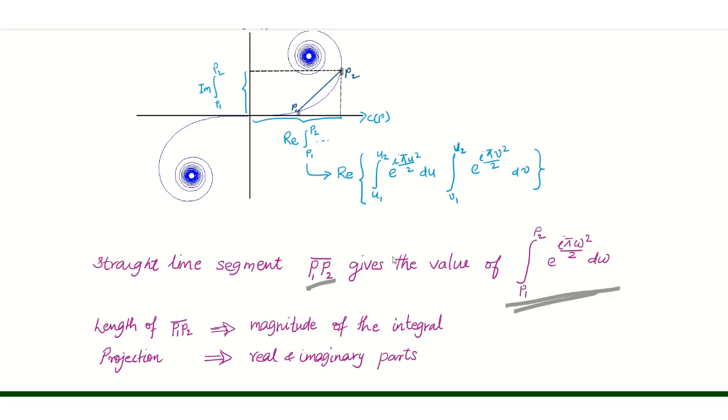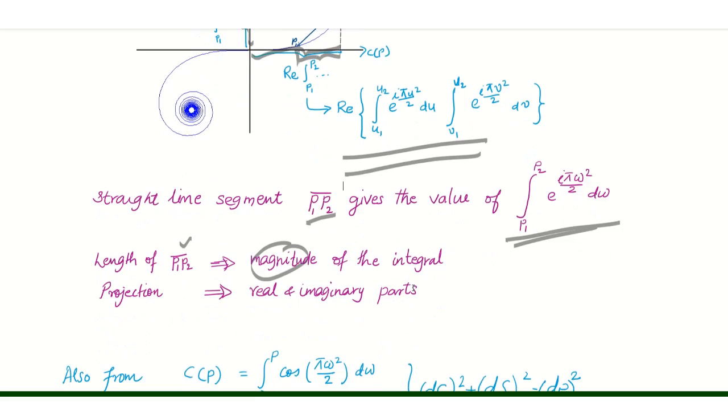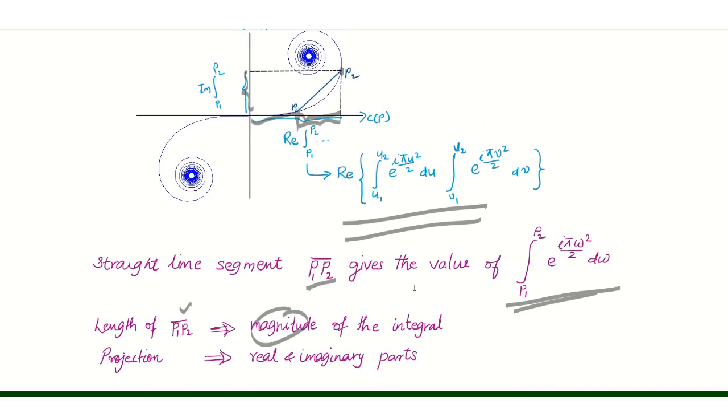Here the length of P1 P2 will give you the magnitude, and the projection on the axes, this projection here, will give you the real part, and this will give you the imaginary part of the whole thing. And therefore the length will give you the magnitude of the integral.